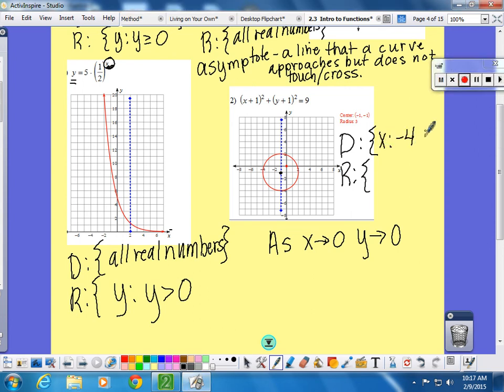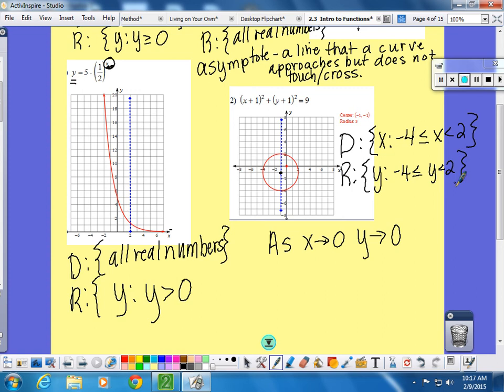It goes between -4 and 2. What about the range? It goes from bottom up. -4 to 2.